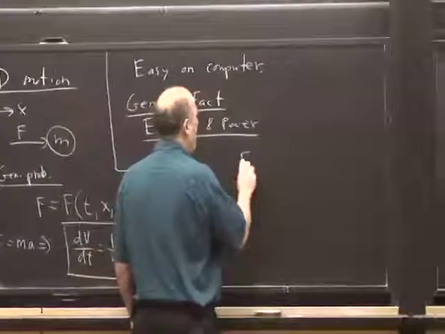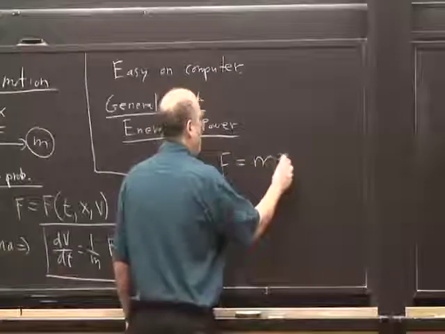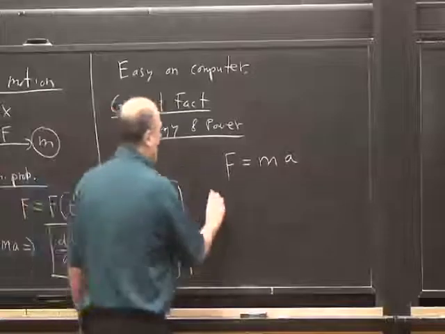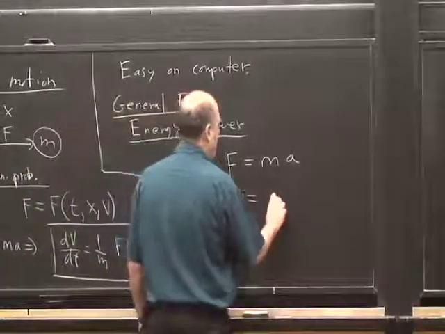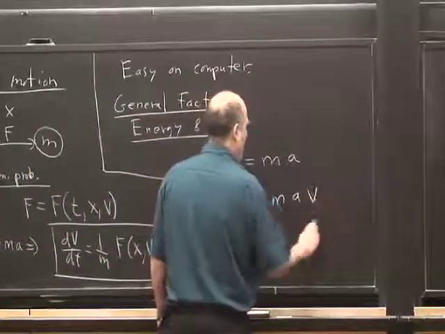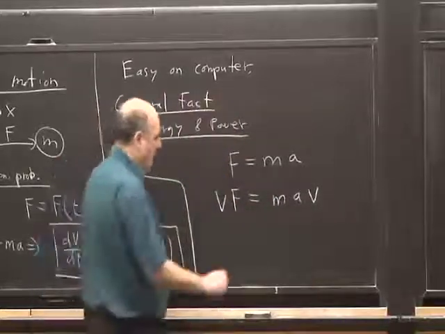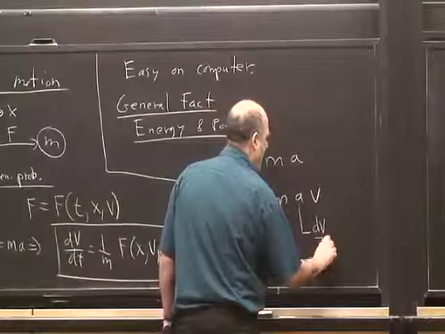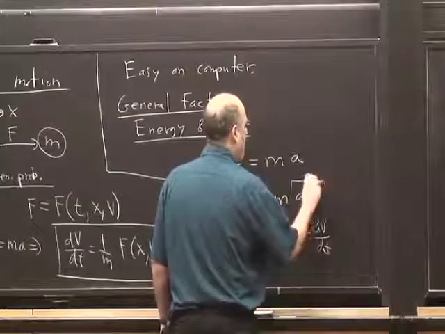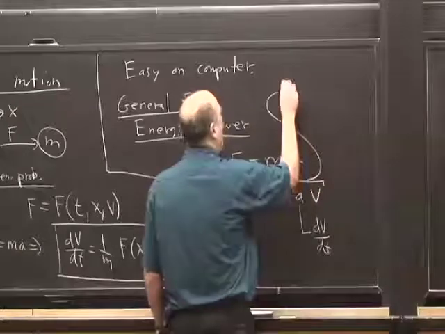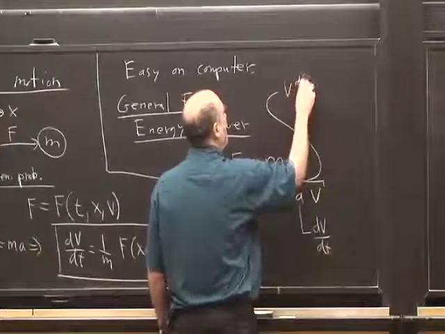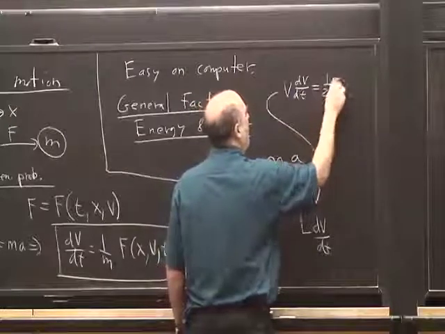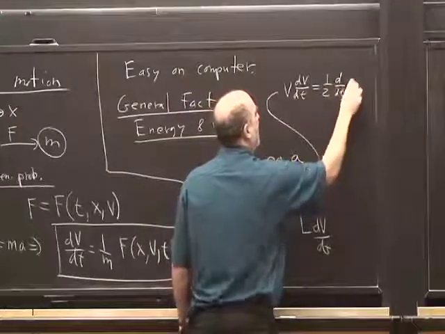You say, we have this equation F equals ma, and what we can do is we can multiply both sides by v, and then we can look at this term a and think of that a is equal to dv/dt. Then we can look at this term here, v times dv/dt, and we make the observation that this is 1/2 of d/dt of v squared.